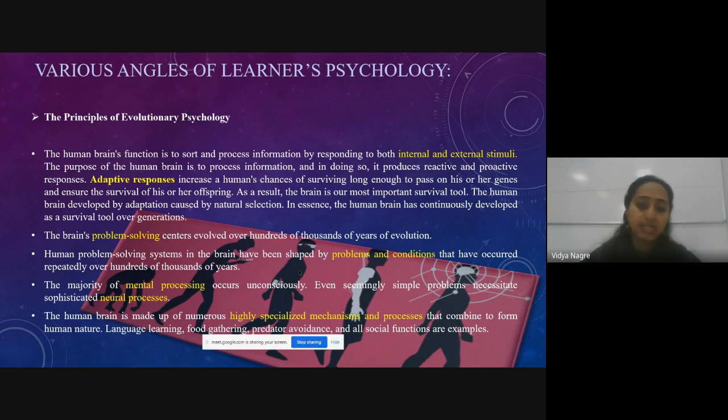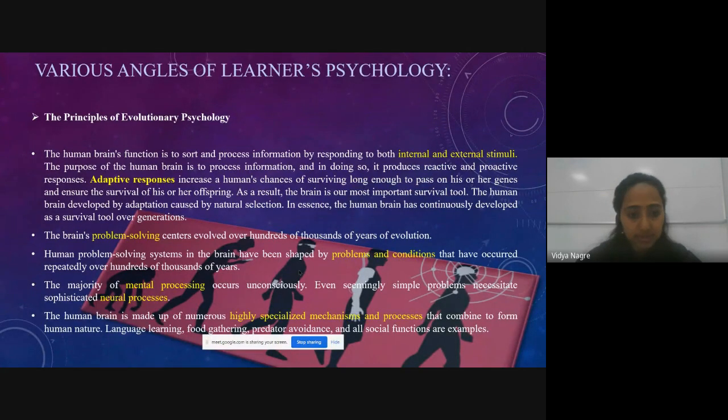So our brain reacts according to the kind of stimuli the brain receives. The purpose of the human brain is to process information, and in doing so, it produces reactive and proactive responses.